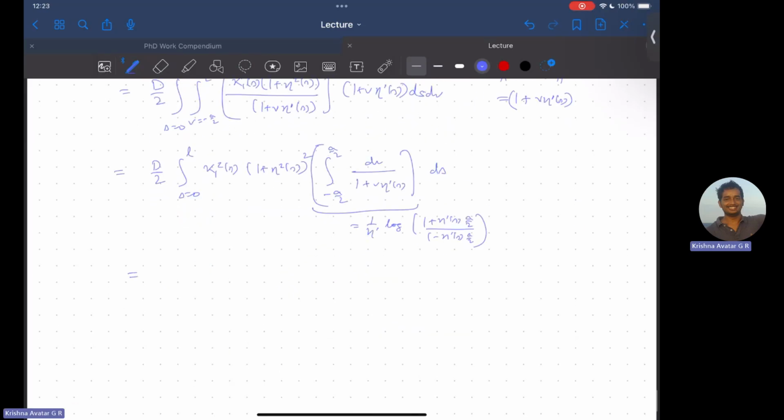So finally, we have D by 2, integral 0 to l of square of eta prime, and we can multiply a here. It will become 1 by a eta prime log of 1 plus eta prime of s a by 2 over 1 minus eta prime of s a by 2.